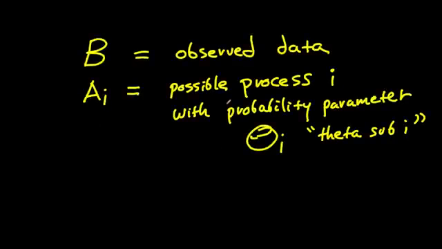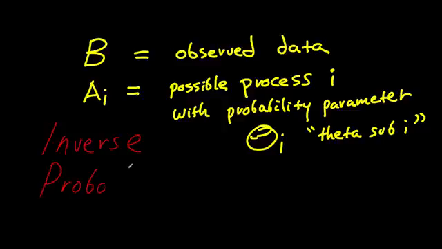One of the most powerful uses of Bayes' theorem is for something we call inverse probability problems. Inverse probability problems are those where the answer is in the form of the probability that a certain process with a certain probability parameter is being used to generate the observed data.